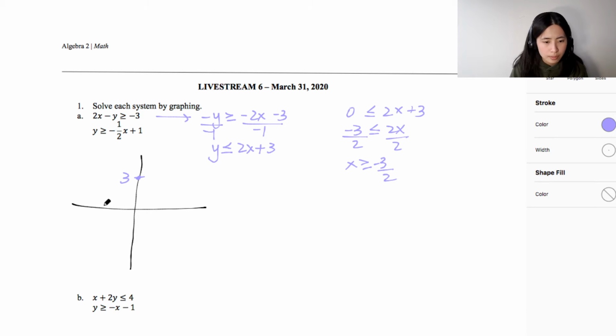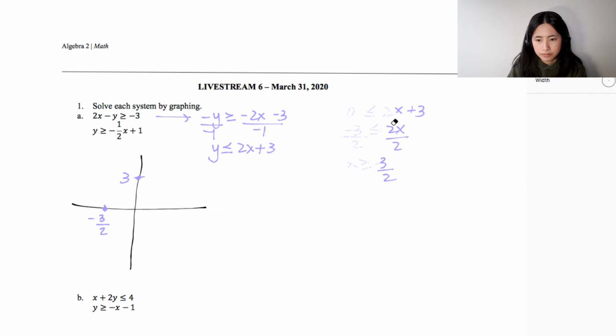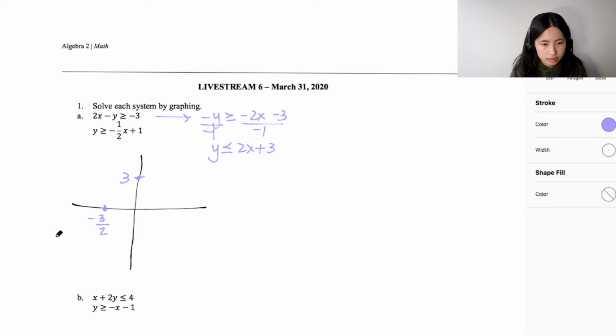So your x-intercept is actually negative 3 over 2, so you're plotting that here. And on top of that, this is basically your line. Great, so it's now a positive slope.